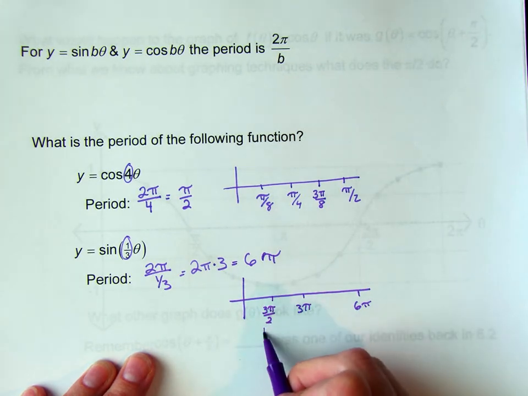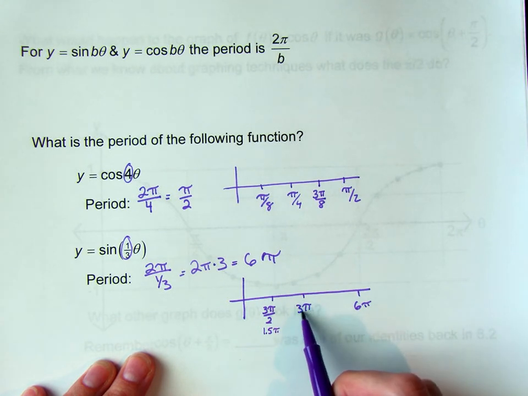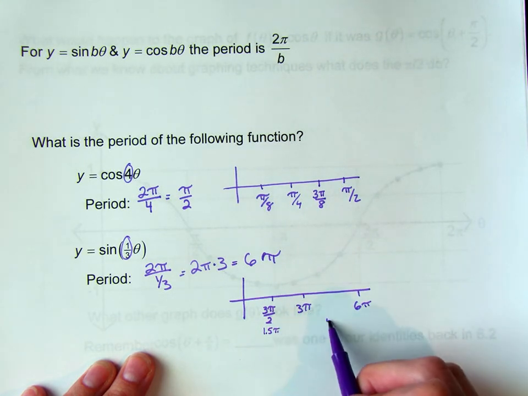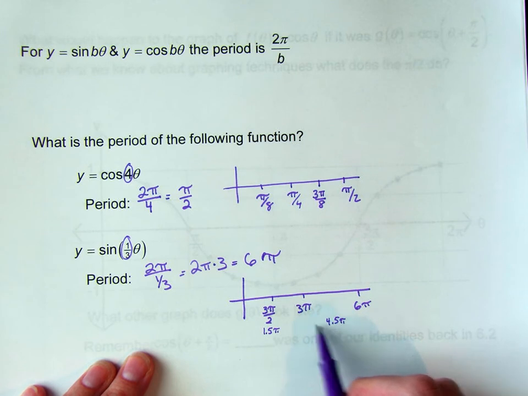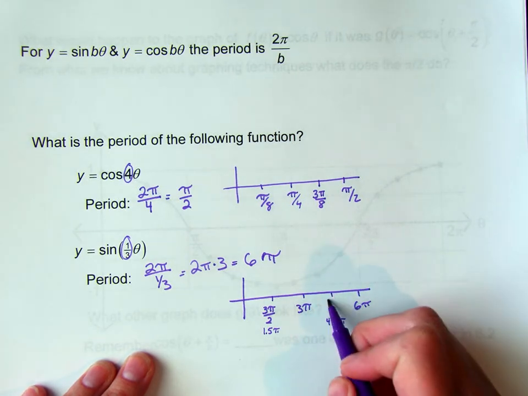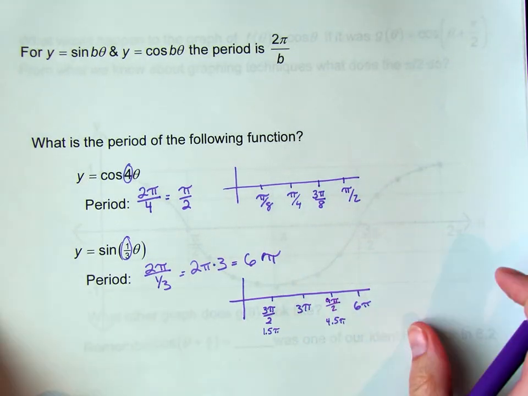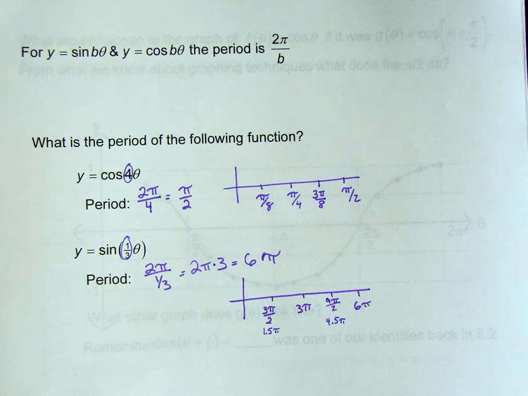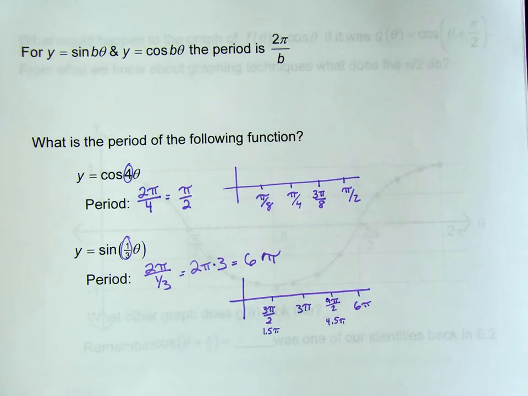You may want to think about this as 1.5 pi, 1.5 pi, 3 pi, I add another 1.5, so that would be 4.5 pi. We don't want to write it in this decimal form. We do want to write it as a fraction, but it's easier for us to think backwards into fractions from this. This would be 9 pi over 2, and then 6 pi. This unit is really important that you understand fractions, and that you can switch back and forth and understand how to work with fractions.